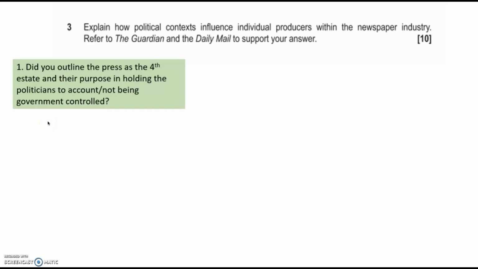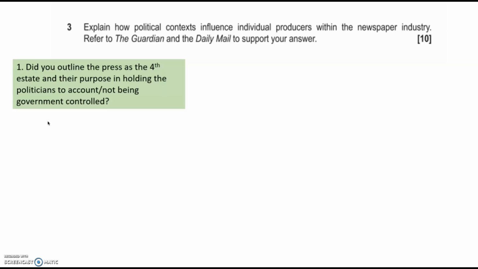So, first thing to do is to read your answer and have a look for question number one. It says, did you outline the press as the fourth estate and their purpose in holding the politicians to account or not being government controlled? So one of the key things you'd have to talk about here in terms of political context influencing our news industry is the society in which we live.